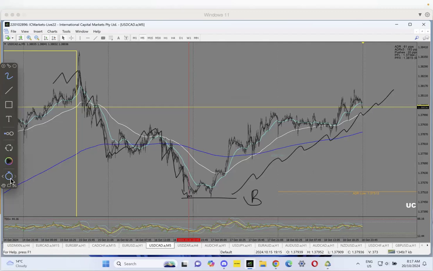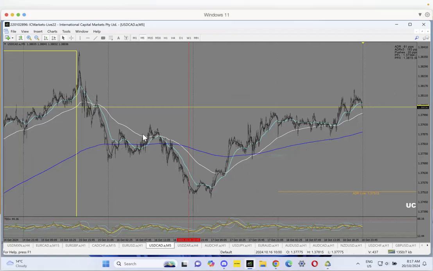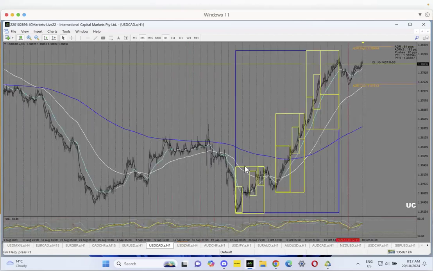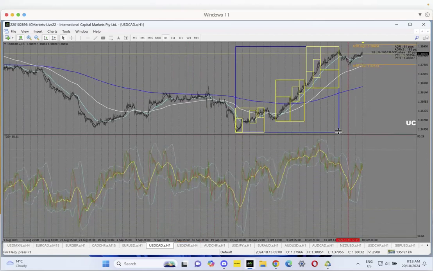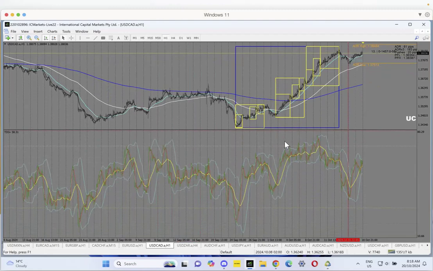Now, I've shown you how you could have bought this, right? Let's go to H1 and find the shark fin on H1. Right, shark fin, where are you? H1. I'll take this one. That's an H1 shark fin. Where is it?